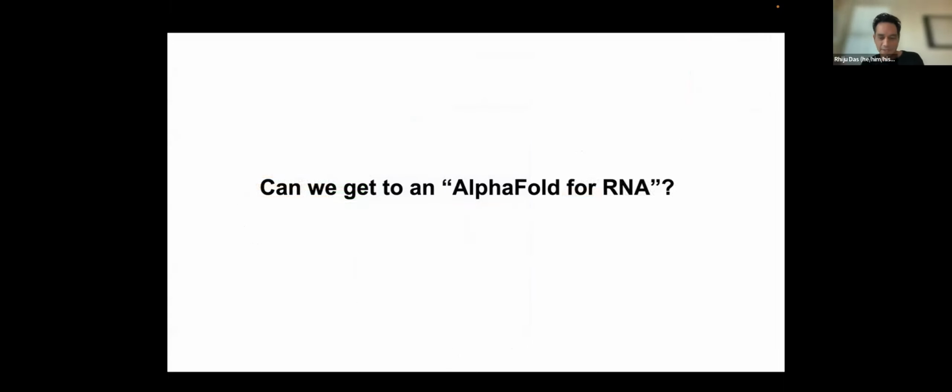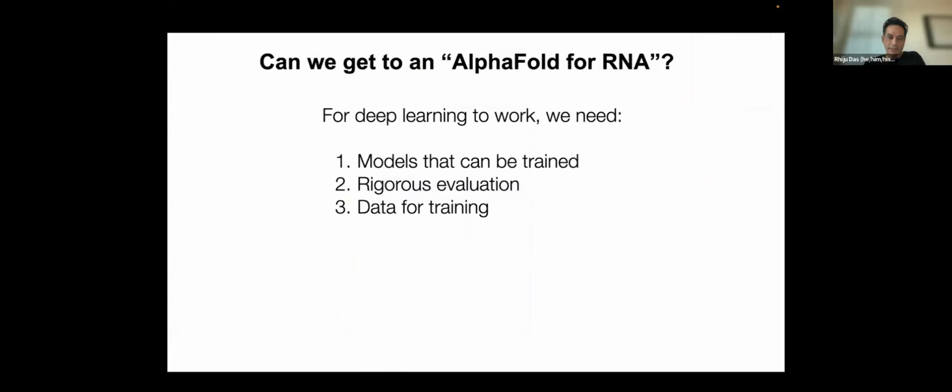And so how do we get there? That's been kind of the big question, certainly for me, and I think for a lot of us in the field. Well, for other areas where deep learning has worked, whether that's protein structure prediction or modeling language or images or video, you need 3 ingredients. You need models that can be trained, you need some form of rigorous evaluation, and you need typically big data sets for training.